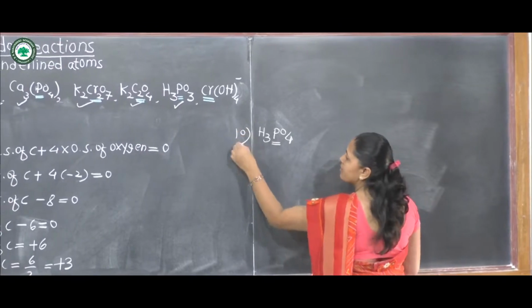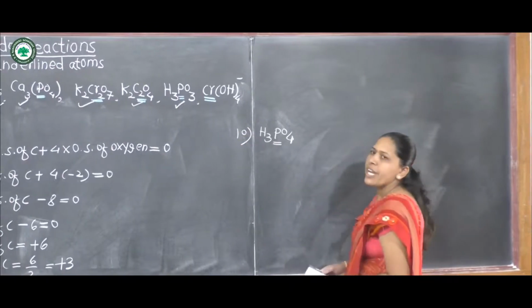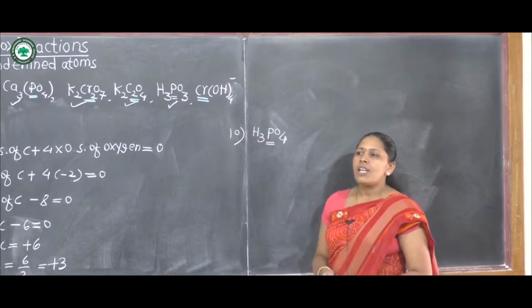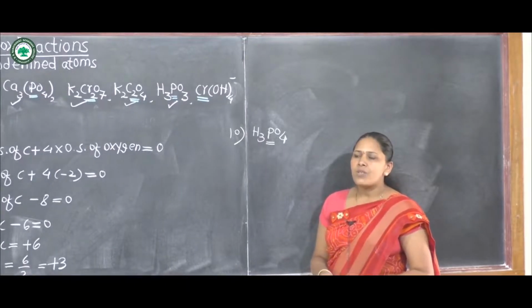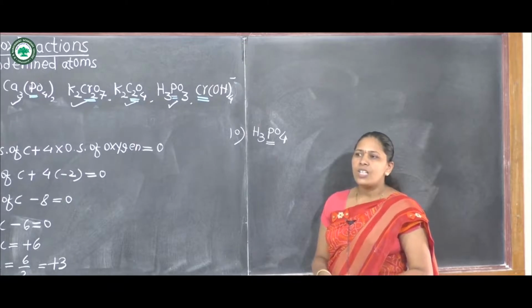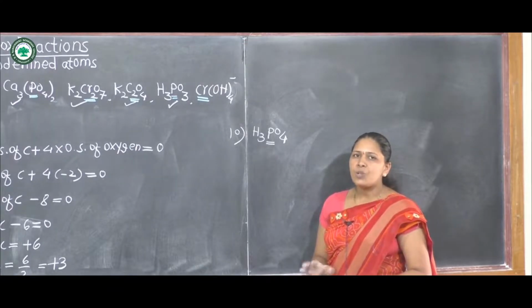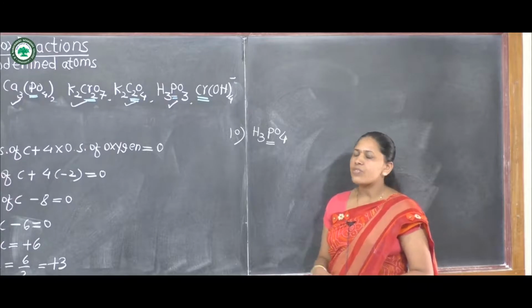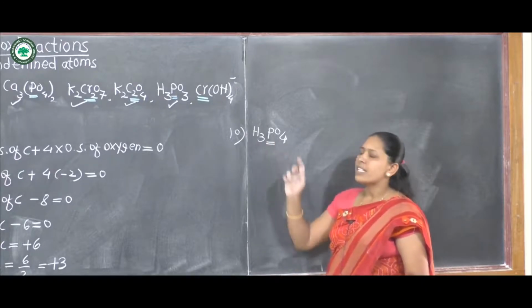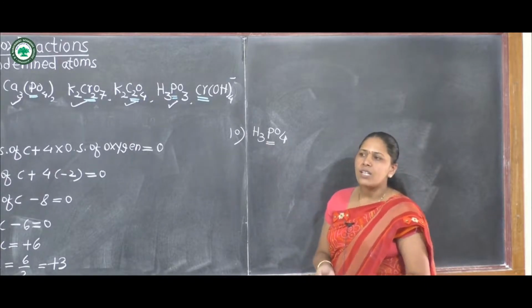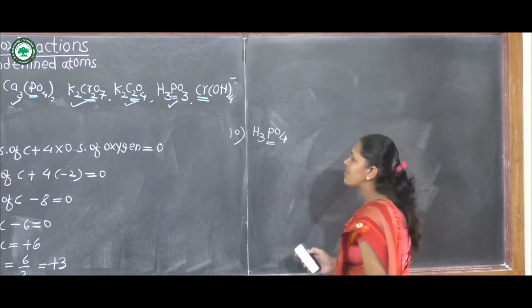We know that hydrogen exhibits either +1 or -1 oxidation state depending on whether it is bonded to a metal or a non-metal. When it is bonded to a non-metal, it shows +1 oxidation state, and when it is attached to a metal, it shows -1 oxidation state. Here hydrogen is attached to phosphorus, which is a non-metal, therefore hydrogen exhibits +1 oxidation state.